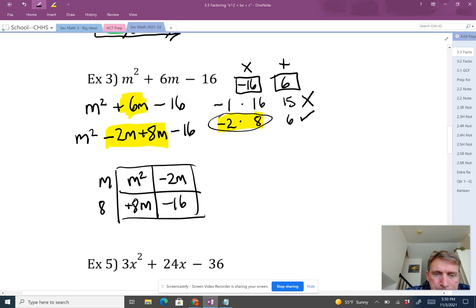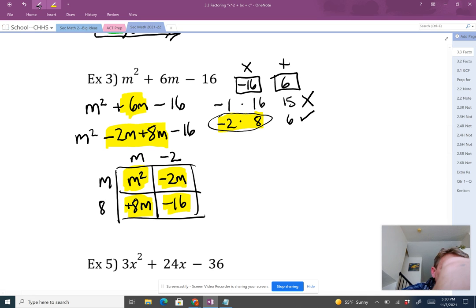And m squared and 8m have in common also m. And negative 2m and negative 16 have in common negative 2. And before I write those, I just want to check that m times m is m squared, m times negative 2 is negative 2m, m times 8 is 8m, and 8 times negative 2 is negative 16.